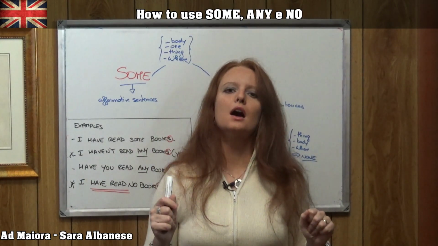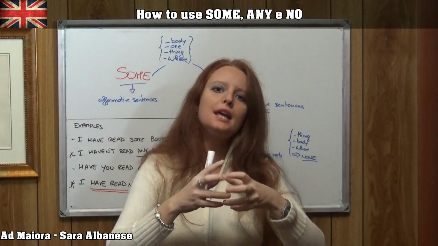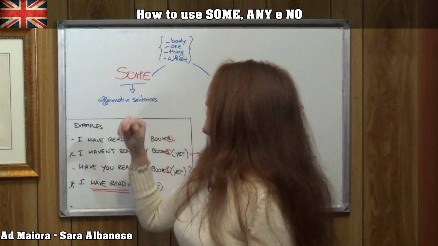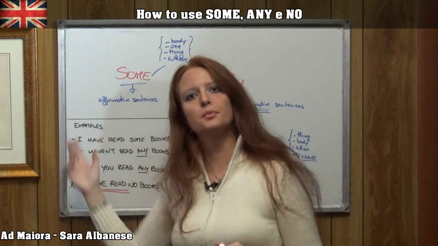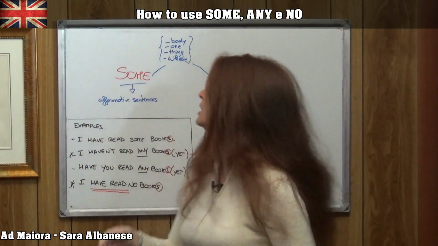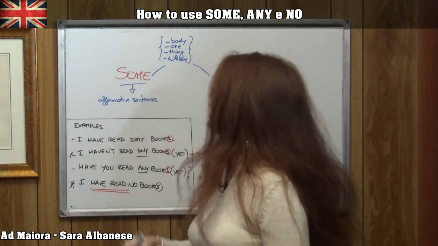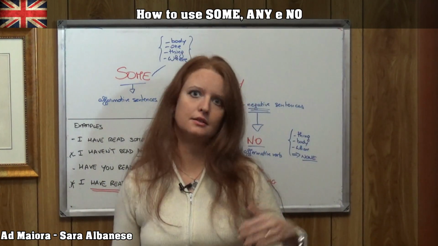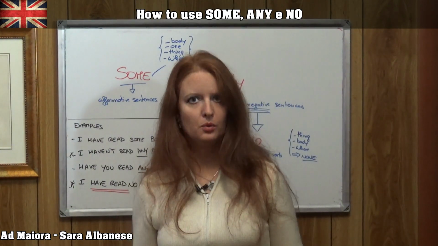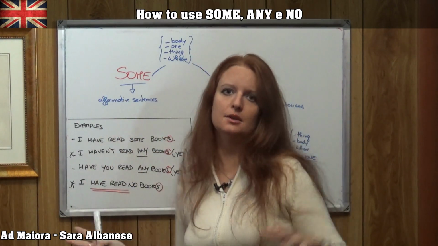Obviously, some and any can also create other words when they are linked to, for example, the word body, somebody or anybody, when I'm referring to people, or one, anyone or someone, or again thing, anything or something, or again where, anywhere or somewhere. Also in this case, I will follow exactly the same rule.